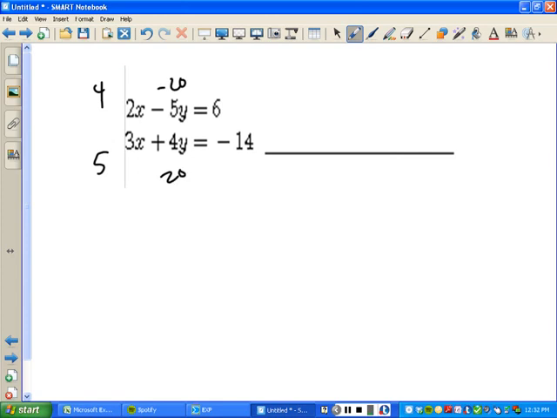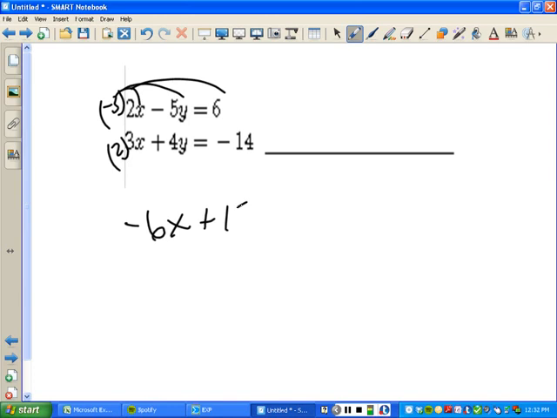Or you can do -3 and 2 if you want to. It doesn't matter. Okay. All right, so we'll do -3 and 2, just so he feels good about himself. You'll still get the same answers, yeah.